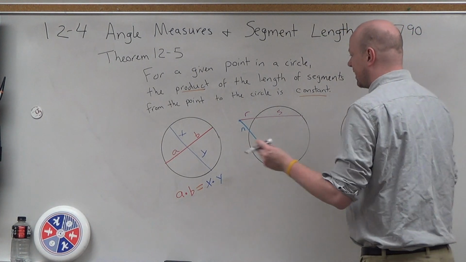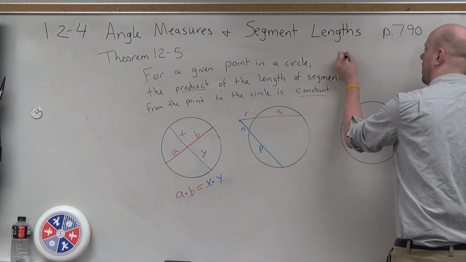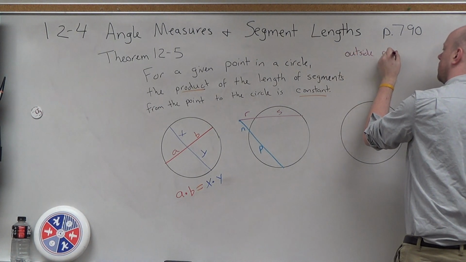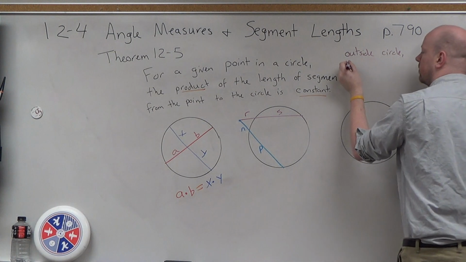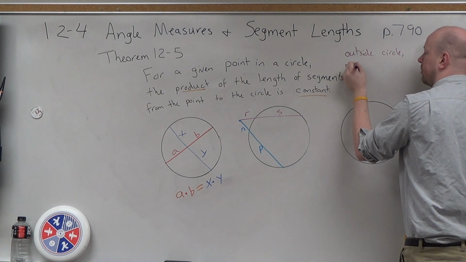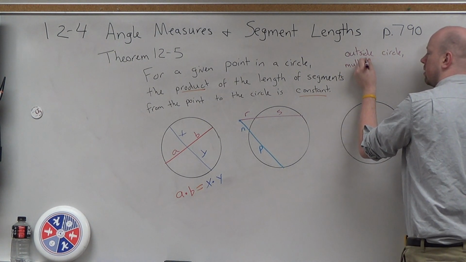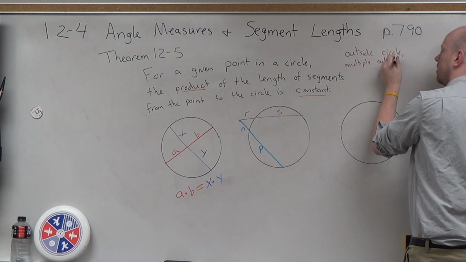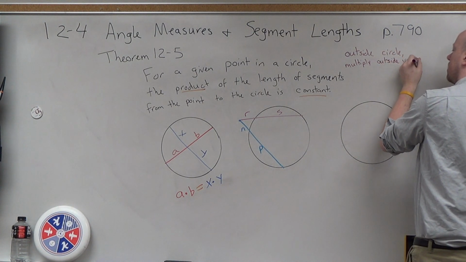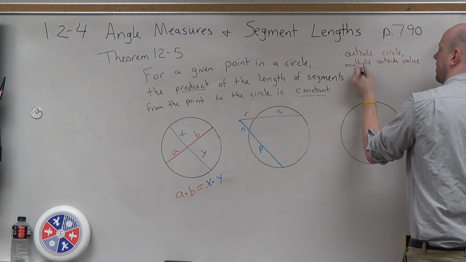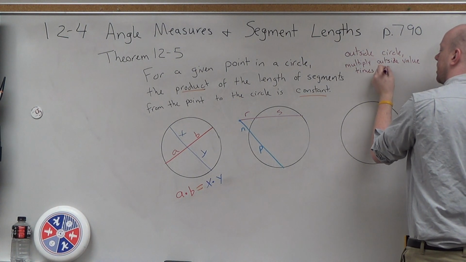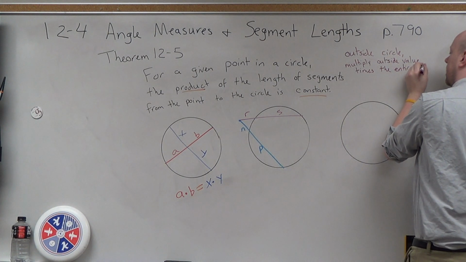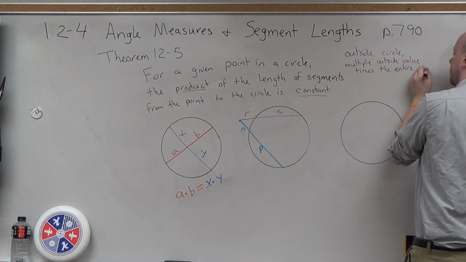When it is outside the circle, you have to also multiply the outside value times the entire segment.